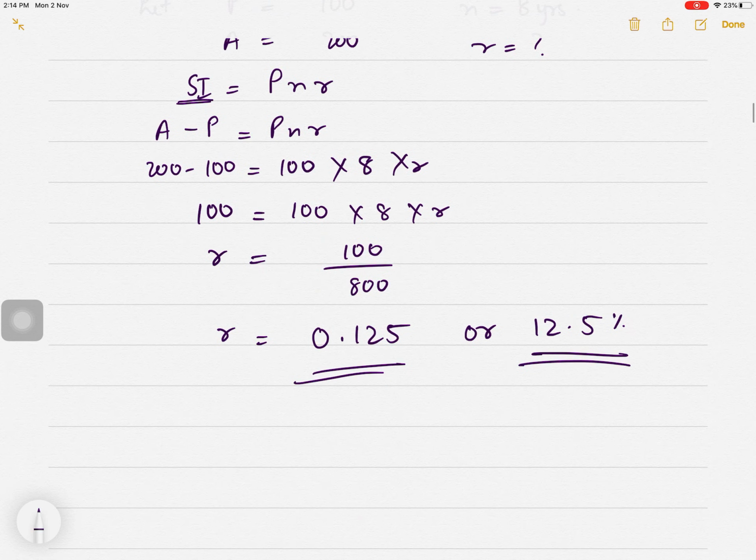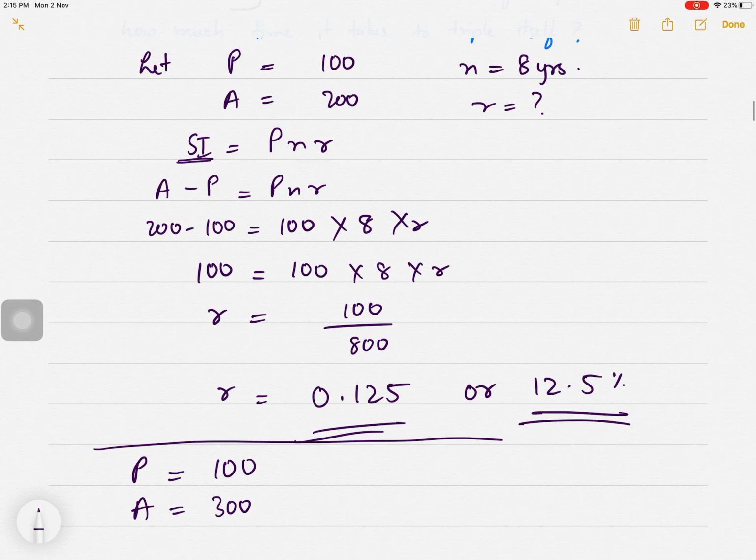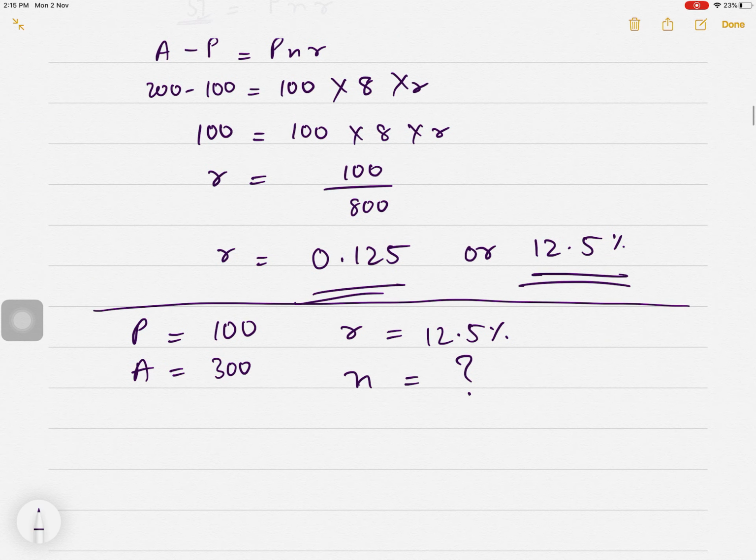That means if P is equal to 100, then A will be 300 to triple itself, correct? R you have already calculated, it is 12.5%, and you have to find out N. How much time does it take to triple the money, right?